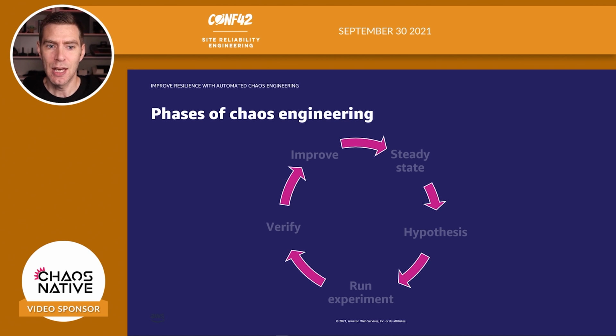And to do that, we follow this well-defined scientific method that takes us from understanding the steady state of the system we're dealing with to articulating a hypothesis, running an experiment, often using fault injection, verifying the results, and finally learning from the experiment in order to improve the system.